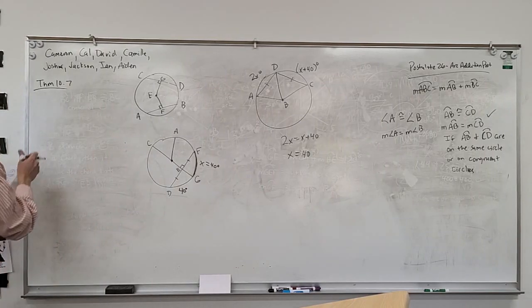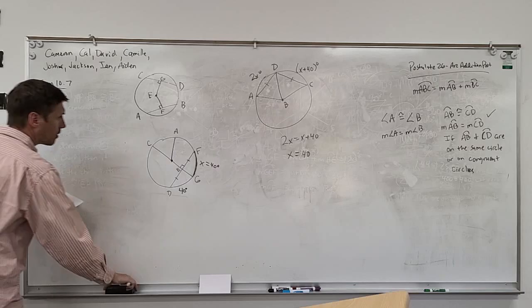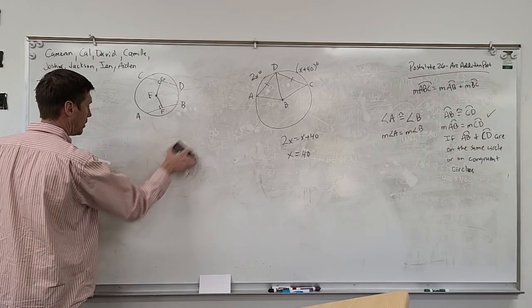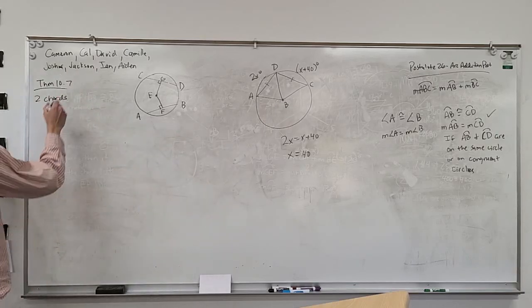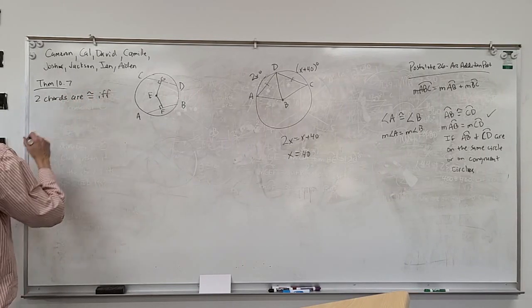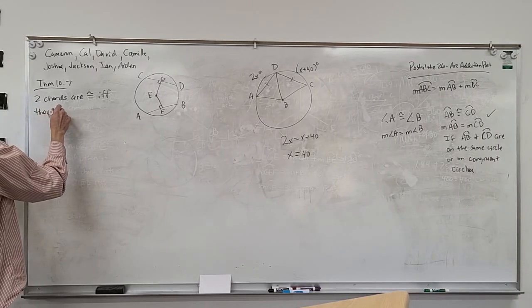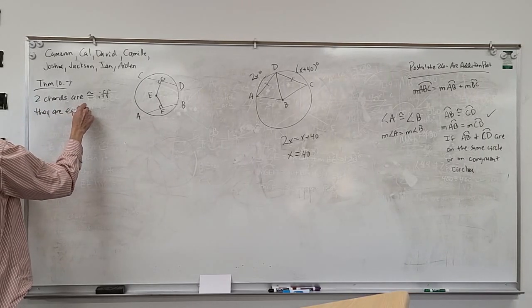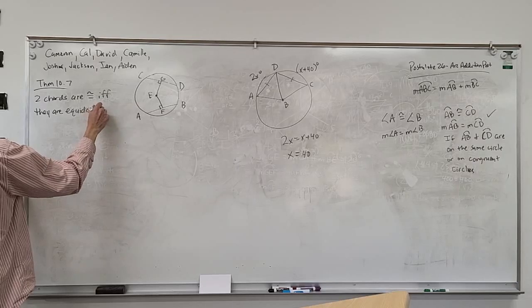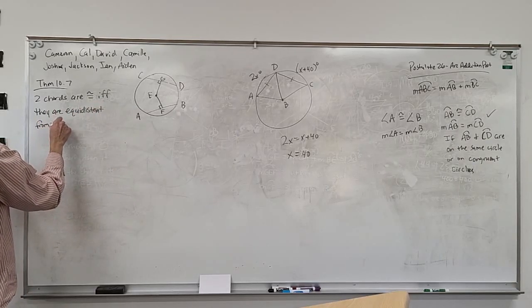And so what theorem 10.7 says is that two chords are congruent if and only if they are equidistant from the center.